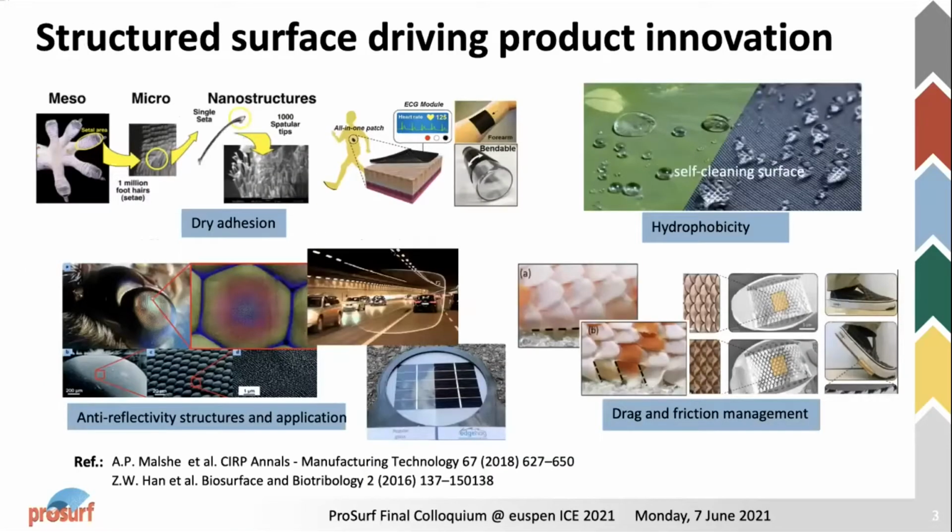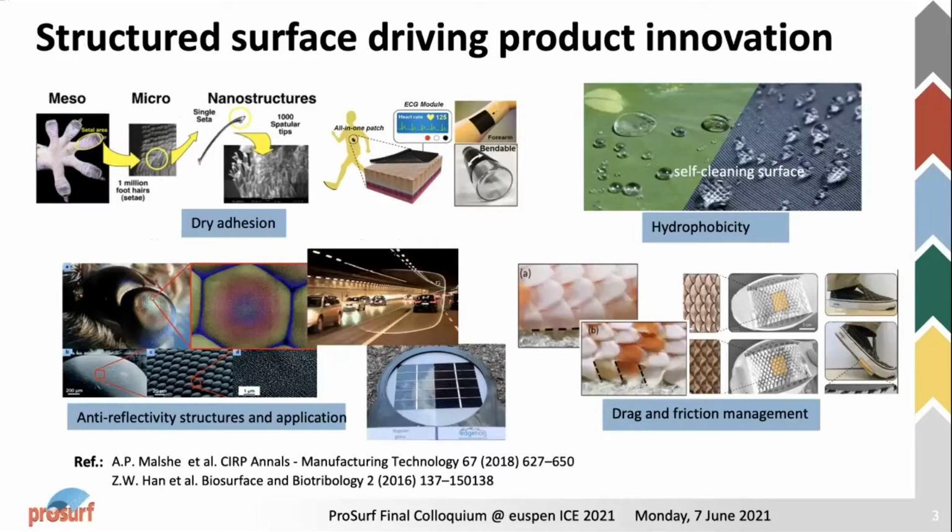Nowadays, with the increasing manufacturing capability, which Lars has shown in his presentation, surfaces can be modified and structured to achieve specific surface functionalities. Micro and nano structured surfaces are now driving functional surface innovation. For example, high aspect ratio structures for dry adhesion, and many hydrophobic applications.